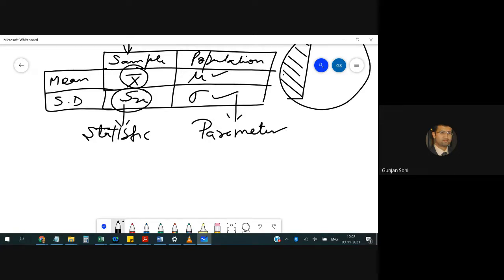So the sample statistics are x bar and Sx, and the population parameters are mean and standard deviation, mu and sigma. Terminologically speaking, when I'm saying x bar and Sx, I'm referring to statistic. You can always remember it like this: when I'm talking about sample, I'm talking about sample statistic. And when I'm talking about population, P is for population, P is for parameter.